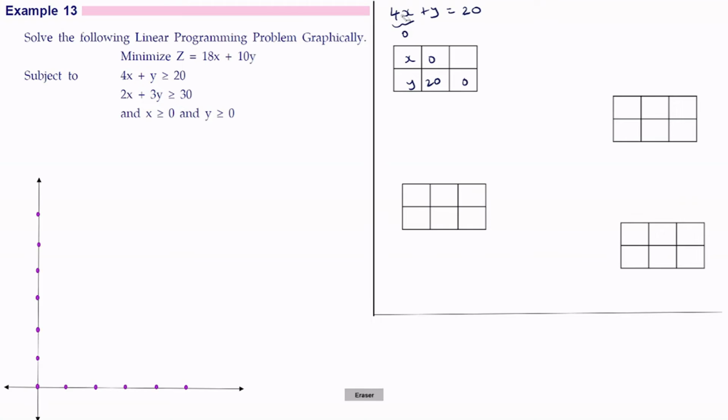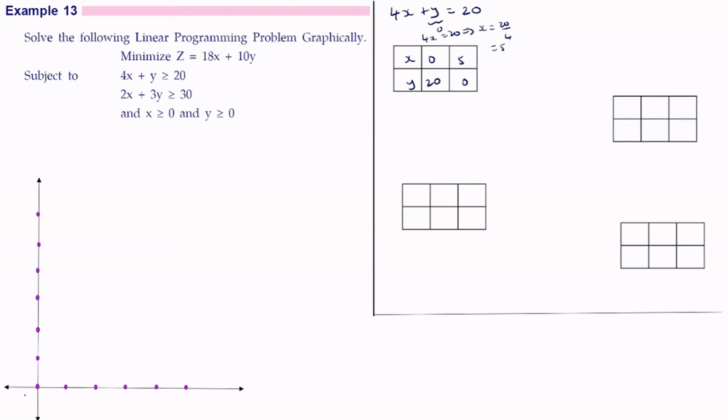When we take y as 0, then this term will be 0, 4x will be equal to 20, so x will be 20 by 4, which is 5. To draw this line, we need 2 points. The 2 points we have obtained are 0, 20 and 5, 0.